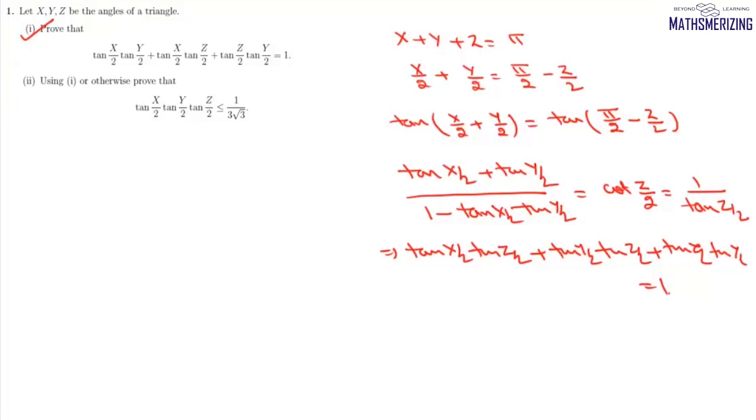Now the second part says, using the first or otherwise, prove that tan(x/2)tan(y/2)tan(z/2) is always less than or equal to 1 upon 3 root 3. Now we know that since x, y, z are angles of a triangle, each of x/2, y/2 and z/2 lies in the first quadrant.